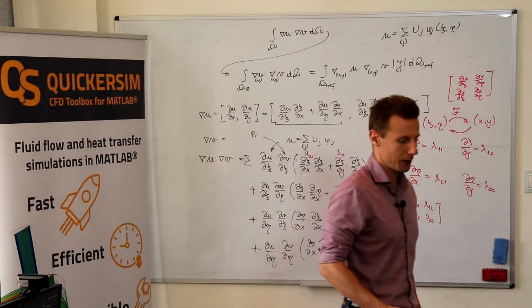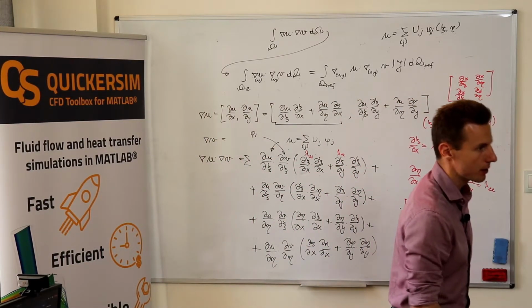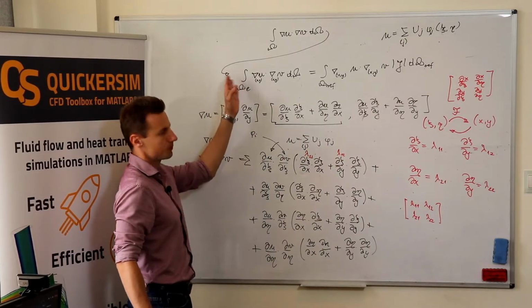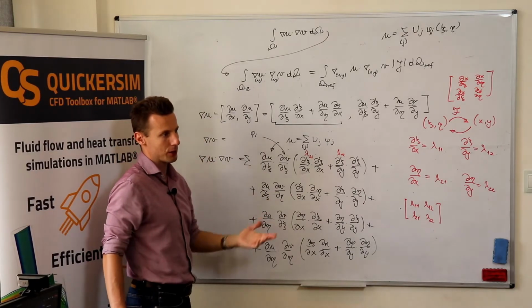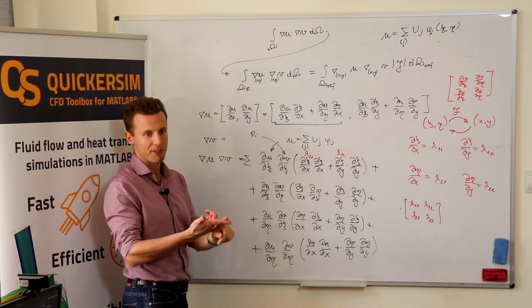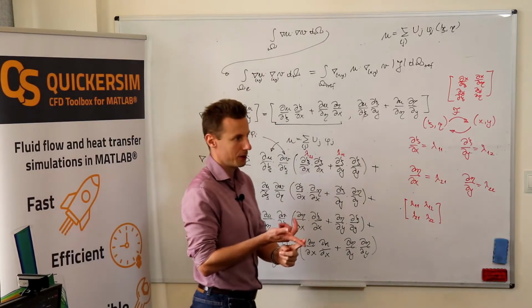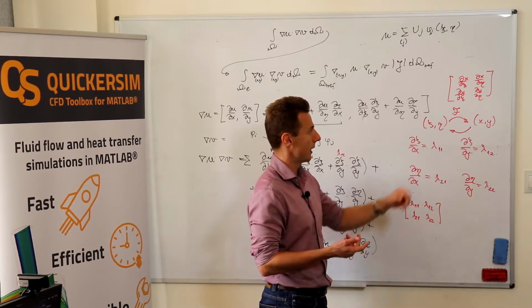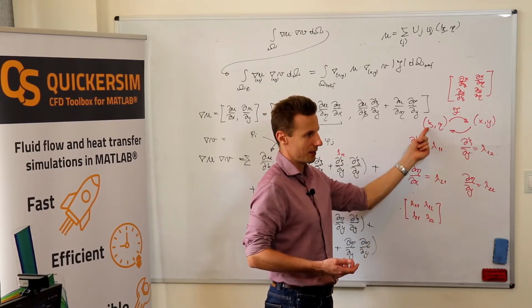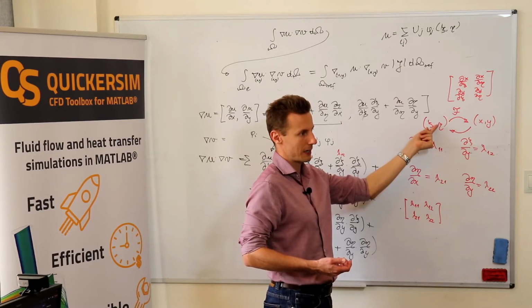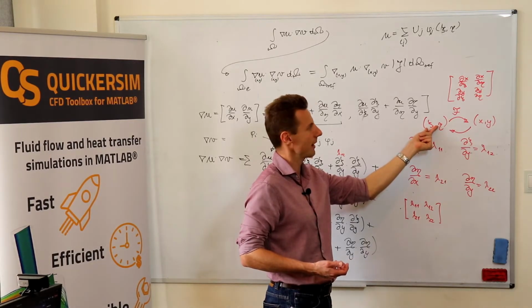You will be using the Gaussian integration to calculate the integral. And the Gaussian integration requires you to multiply some weight times the function value at the quadrature point. So you only need to calculate, and the quadrature points are defined in the reference element. So you know for which psi and eta you need to calculate the function value.